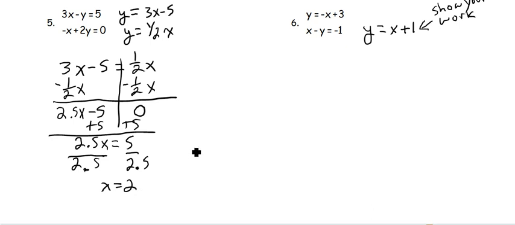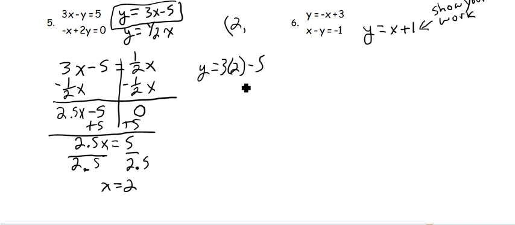All right, so I'm going to go ahead and plug it into this first equation solved for y. I know my answer will begin with 2 for the x value, so I'm going to put y equals 3 times 2 minus 5. That's 6 minus 5, which is 1. So y equals 1.